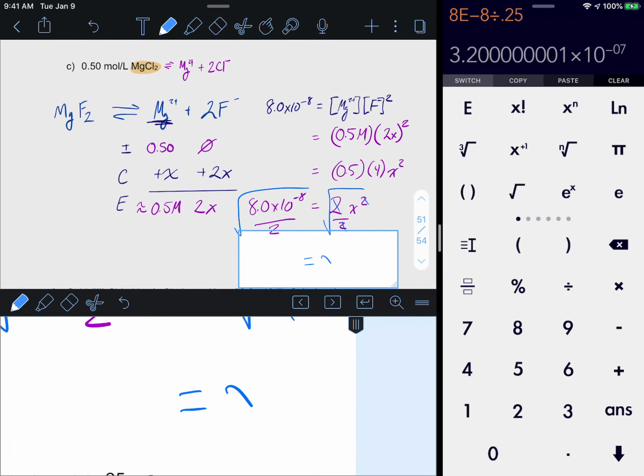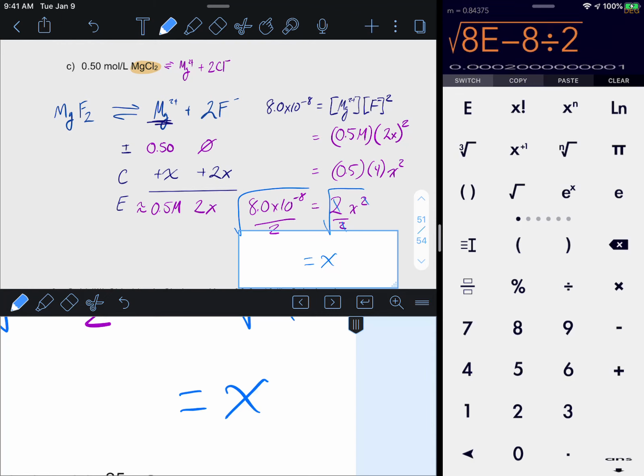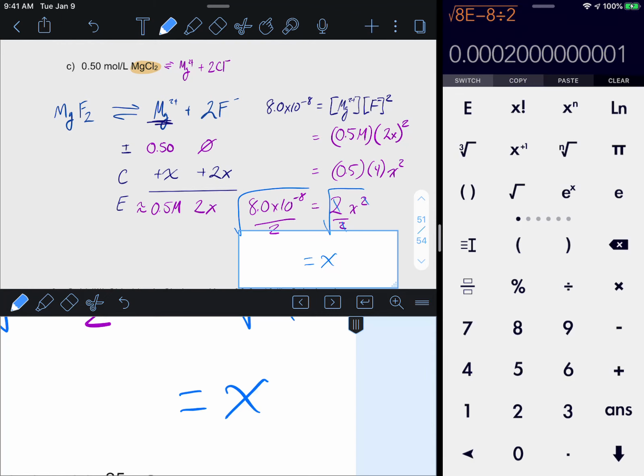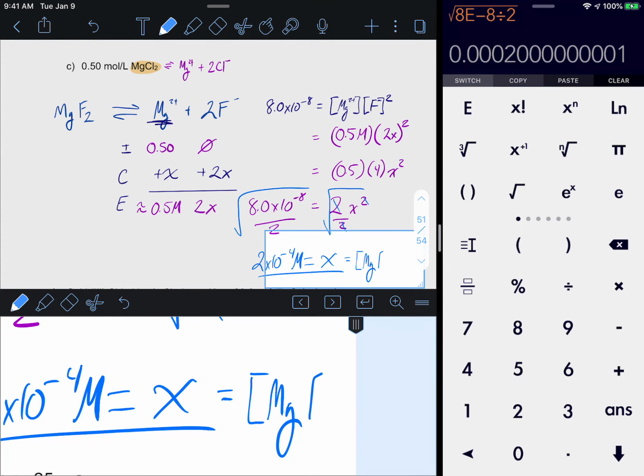And our final x value is going to be, let's set up that square root first, 8e negative 8 divided by 2, to give us a value of 2 times 10 to the negative 4 molar. Okay, and that is equal to x. X in this case is equivalent to the amount of magnesium that's changed. That amount of magnesium that changed is equivalent to the concentration of the magnesium fluoride.